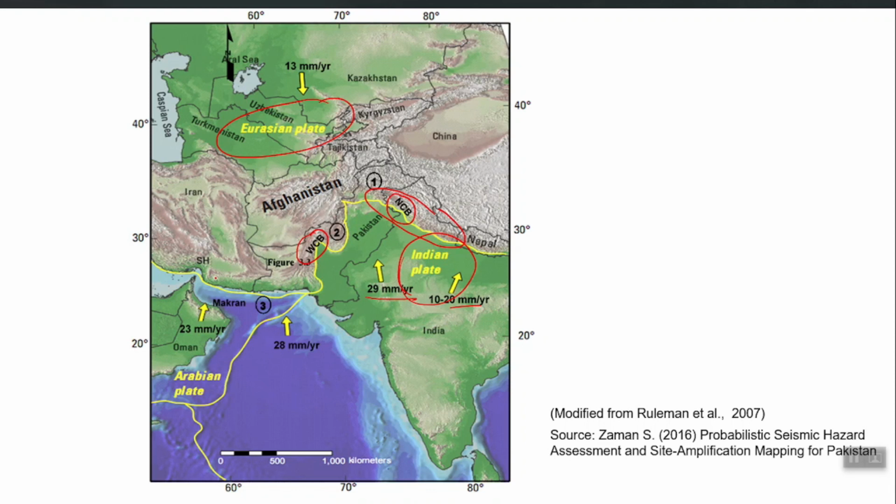We have the Makran subduction zone at the south, where the Arabian plate is subducting under the Eurasian plate. The Arabian plate is weak, the Eurasian plate is strong. So the Arabian plate is just sinking down into the mantle at this yellow line, which is called the Makran subduction zone.